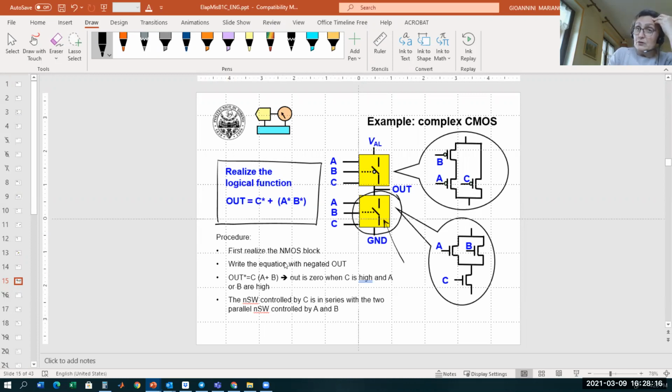To do that, we ask ourselves, when is the output low? We answer this question by negating the output. So we have to write first the not of our combinational logic function. You recognize that out not is equal to C and A or B.